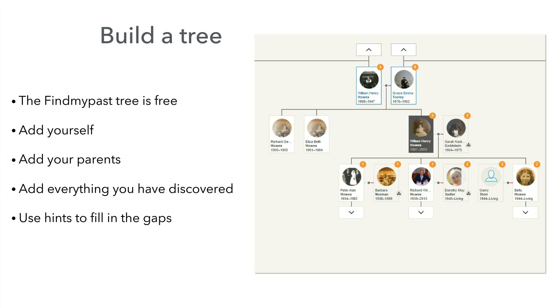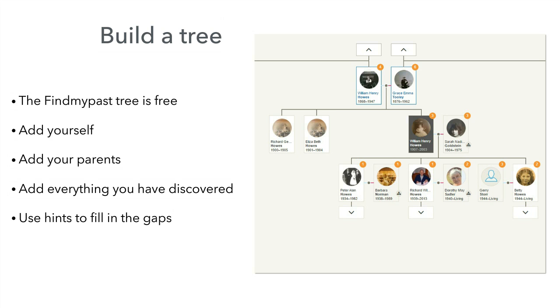You can also upload media. You can see here a picture of my tree where I've started to add in photographs of my family, and you can store photographs, documents, newspaper cuttings, letters and so on. Then as you build a tree, you can see some little orange circles.